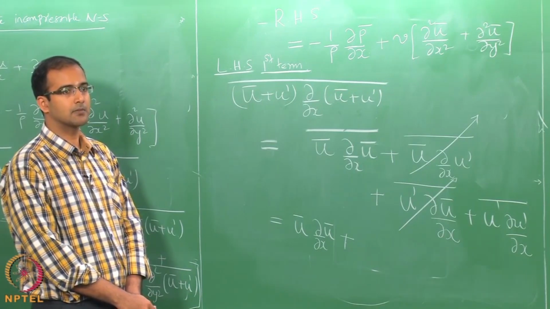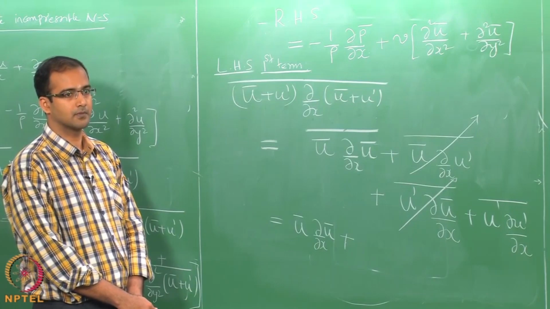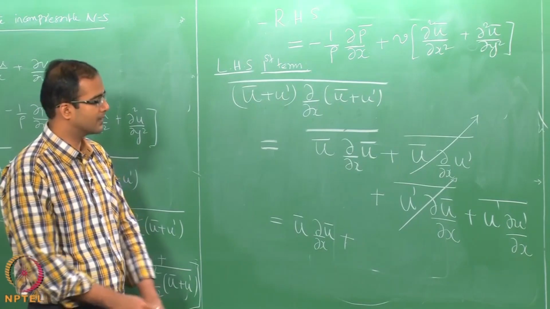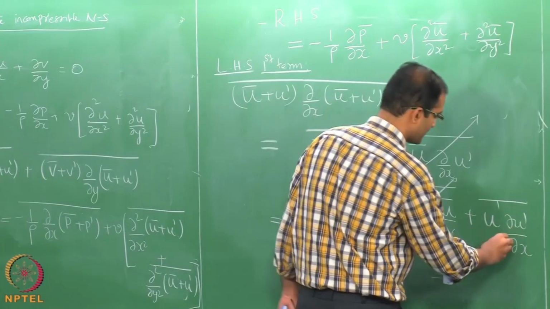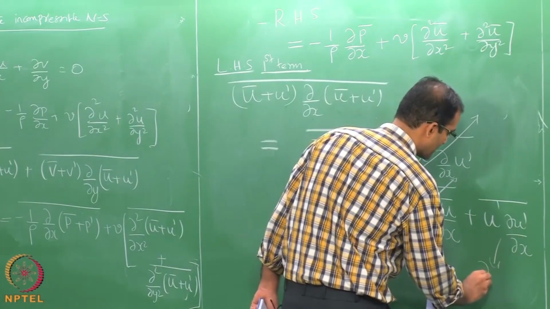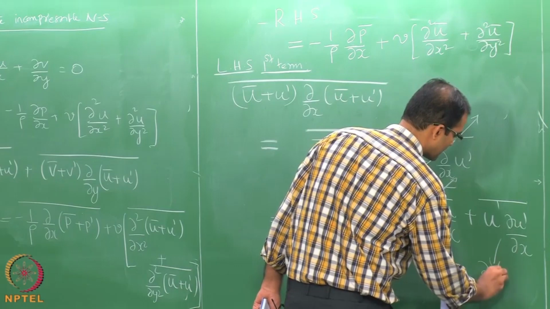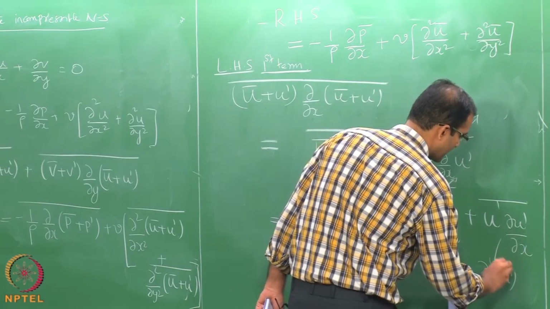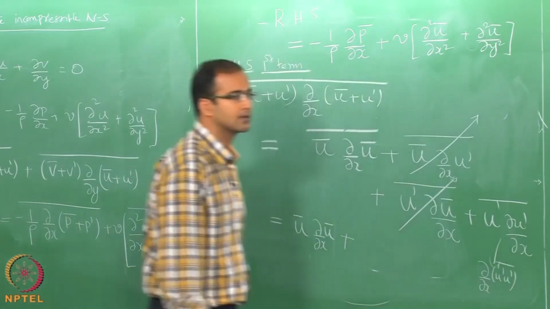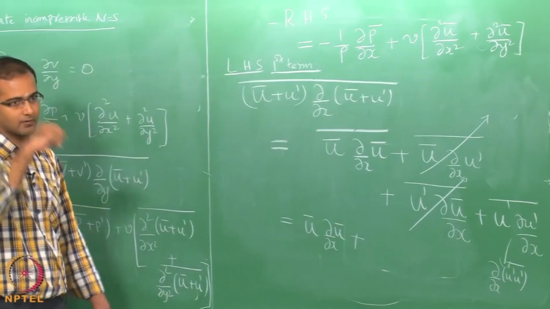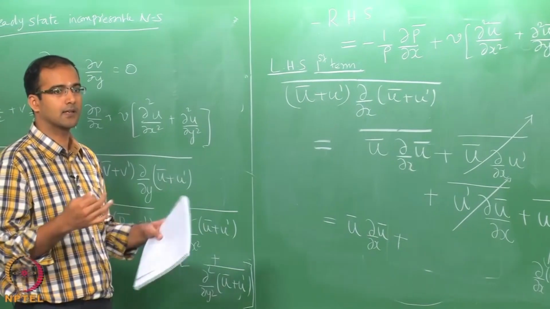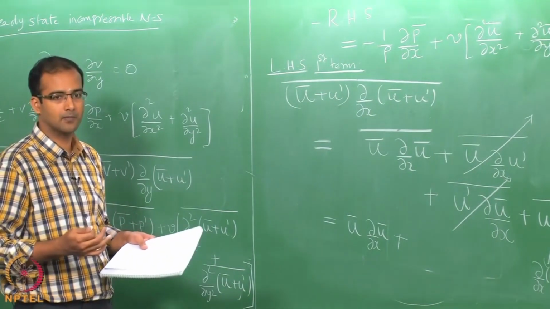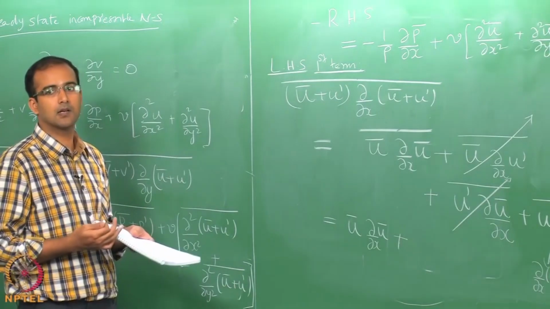Okay, which says that this should be 0. In fact, this can be written, if you look at it as d by dx, as u prime and then apply the average. So when you take the product of the fluctuating components, u prime multiplied with itself or u prime v prime, and then take the average, this is not 0.